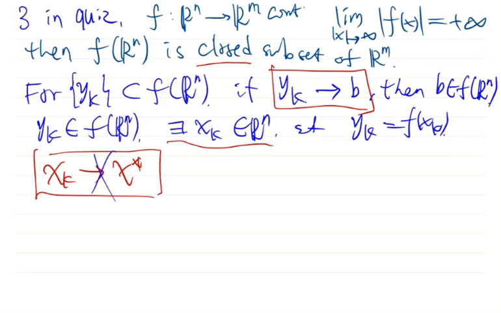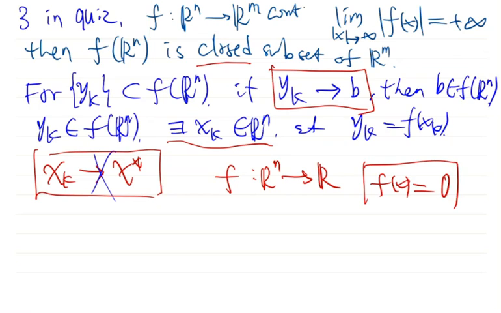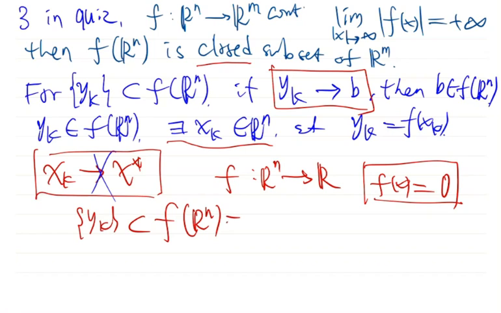For example, if f is a function with n equal to 1, we define f(x) to be 0. The constant function is continuous. So if y_k belongs to the image of f, since for every x, f(x) is 0, the image is just 0.